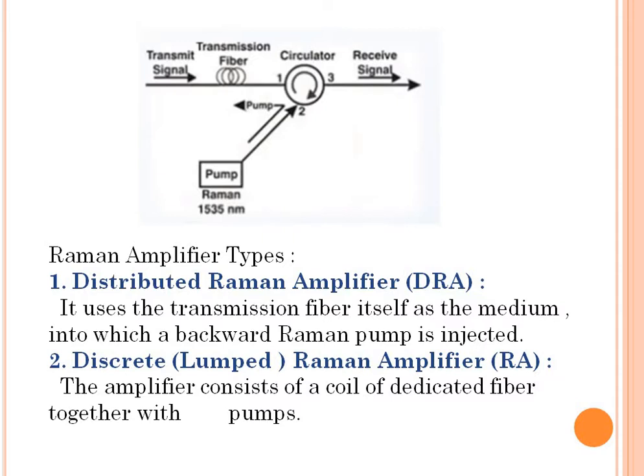A high power pump laser is injected at the far end and travels backward in the fiber to amplify the signal. In a discrete Raman amplifier, a coil of dedicated fiber together with the laser pump is used.